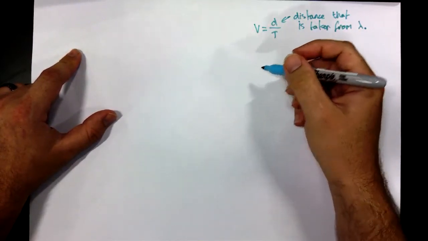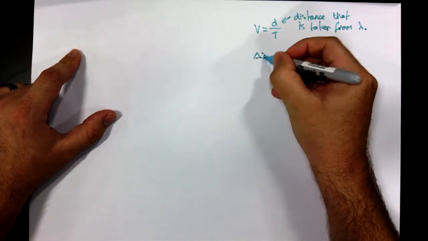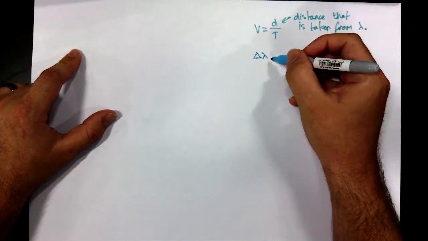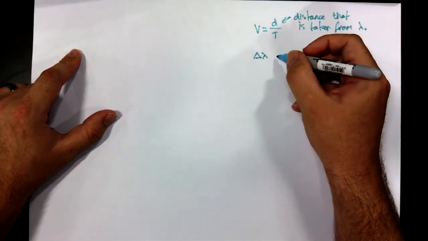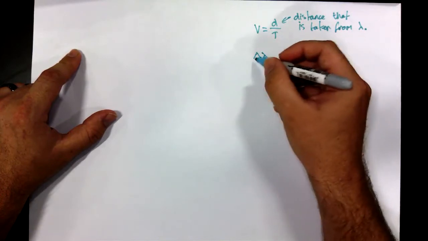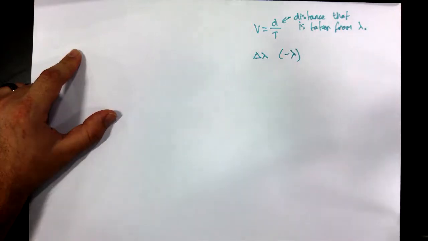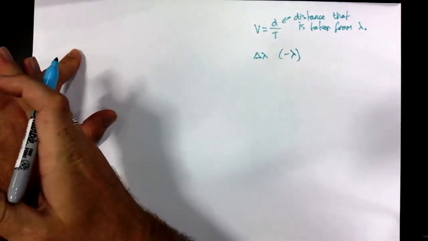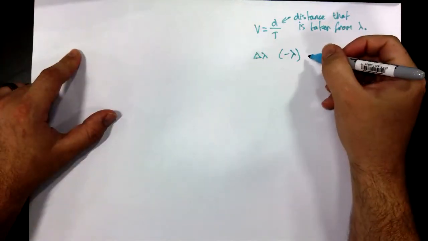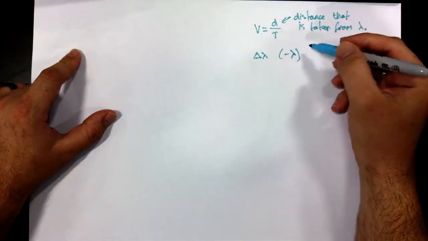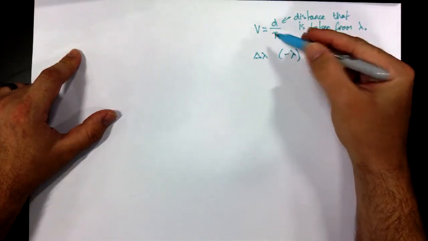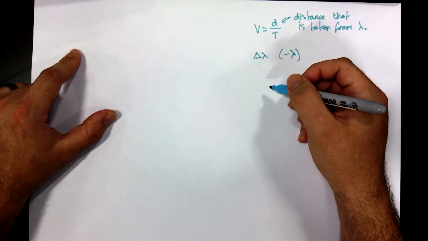and say that the change in lambda, the change in wavelength, or the reduction in wavelength in this case, is going to very specifically be a negative reduction, because obviously we're talking about the wavelength shrinking. We could rewrite this equation based on that.